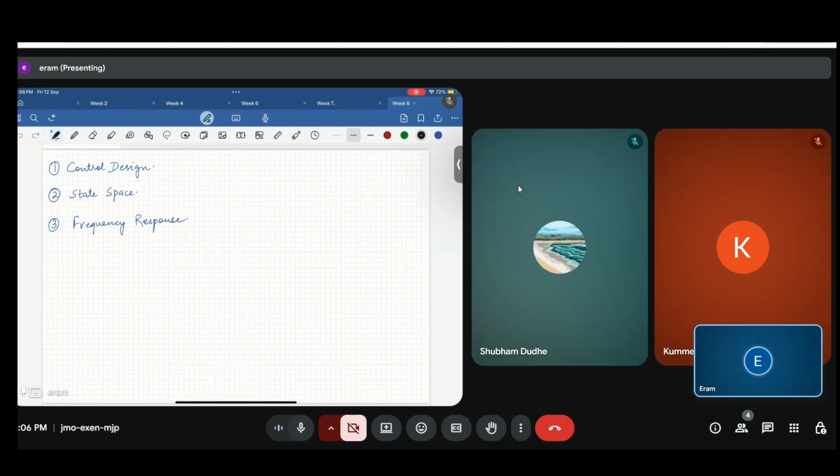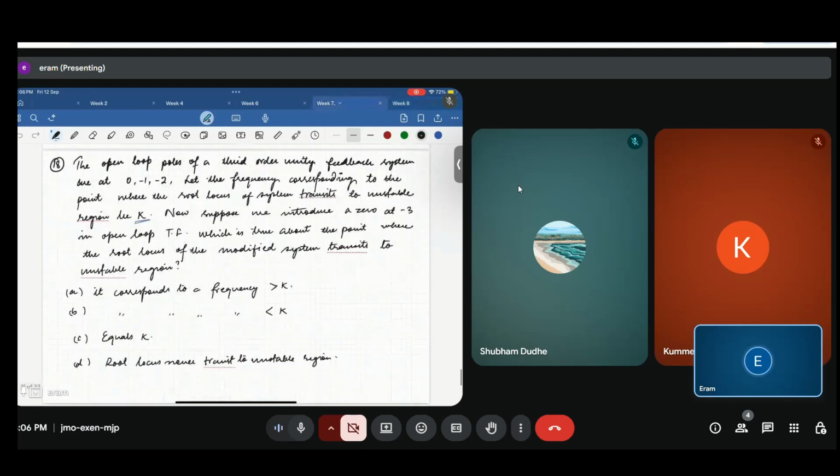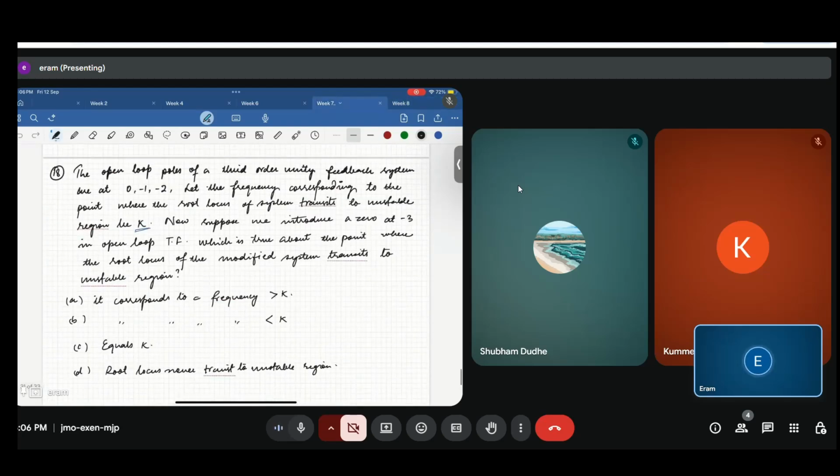Before that, in the previous week, I left this question for all of you to try. In this question, we have open loop poles of a third order unity feedback system which are located at 0, -1 and -2, and the frequency corresponding to the point where the root locus of the system transits to the unstable region is equal to the value of gain k.